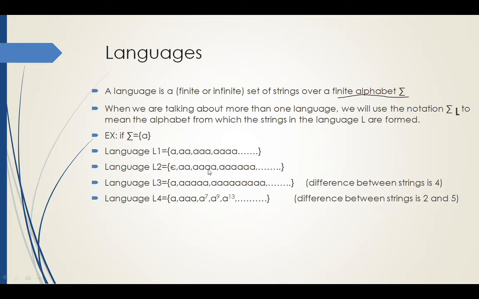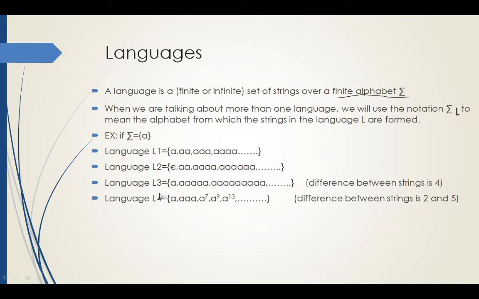So this language contains the strings of even length, and these strings are framed using the alphabet A.